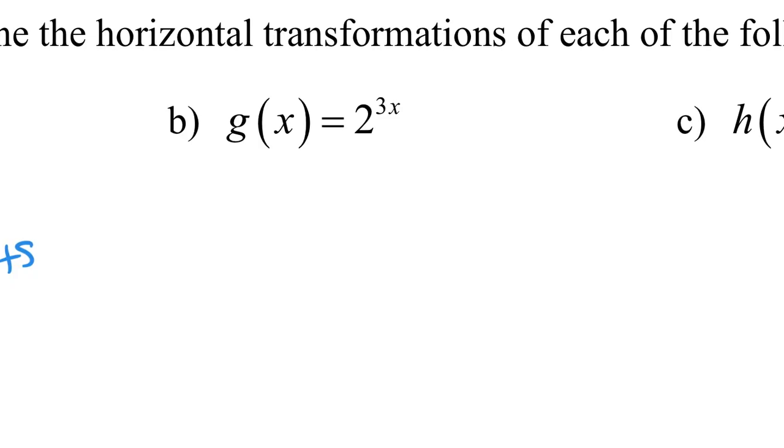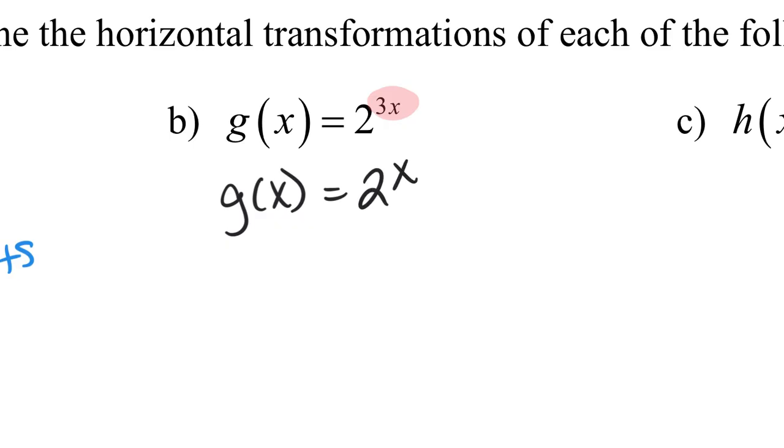The same holds true here in example B. If I look at this function, my 3x is dealing with a horizontal transformation. 3 is being multiplied by x, which means that my figure should be getting either smaller or bigger, because multiplication and division are kind of inverse functions. So it's going to get proportionally bigger or smaller. I know that my original function is 2 to the power of x.